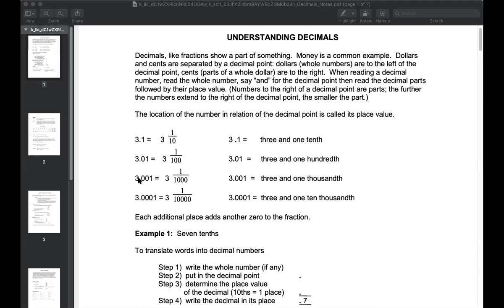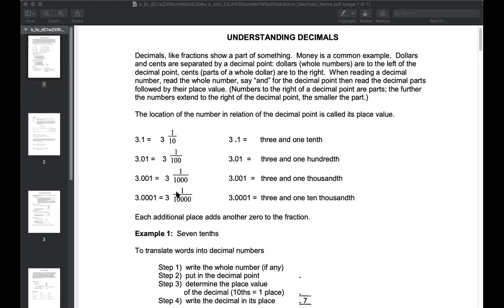Anytime you have this symbol here, which is a dot or a period in a number, that's a decimal. And we use it to indicate a place value that is less than a whole one, right? So anything after this decimal is less than a whole one. It's part of one. So a decimal is a part of a whole, okay?